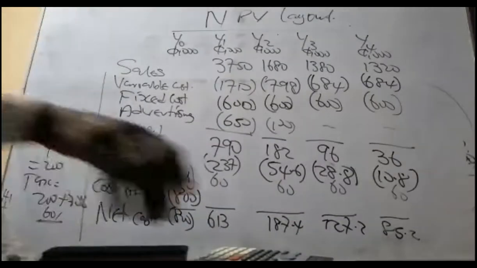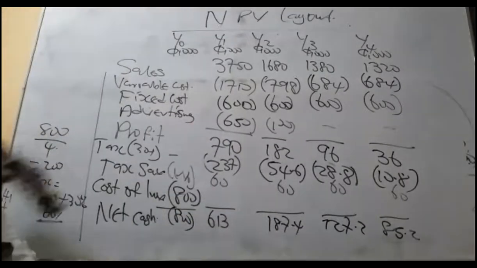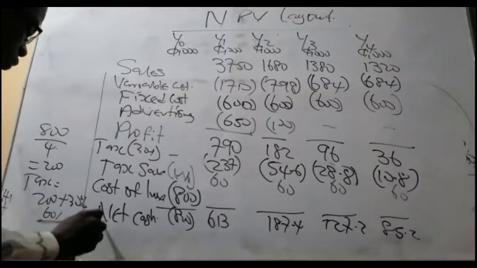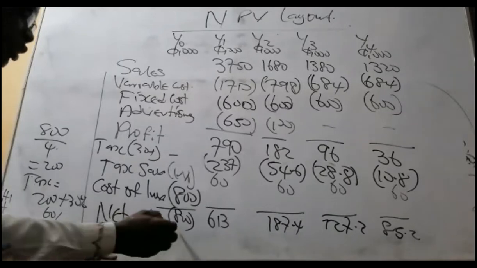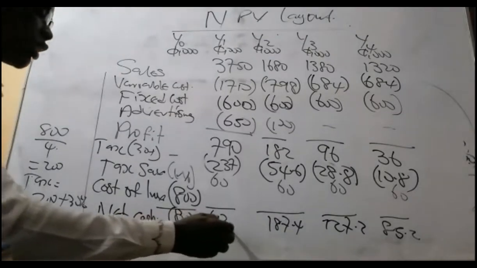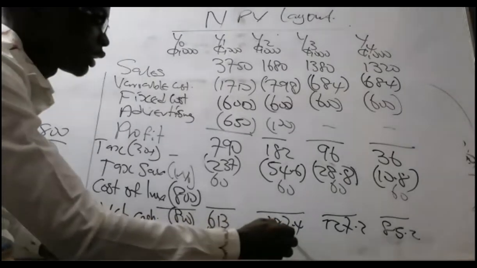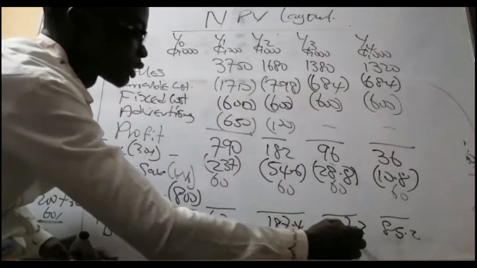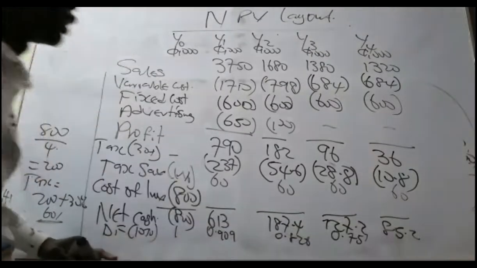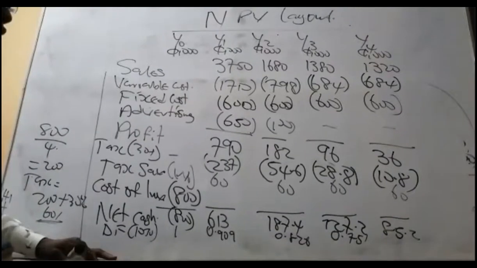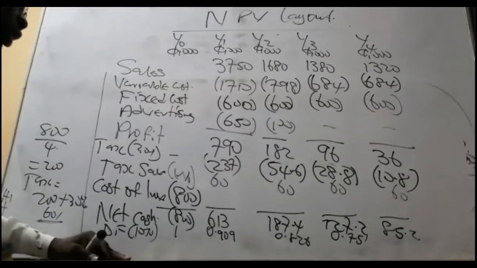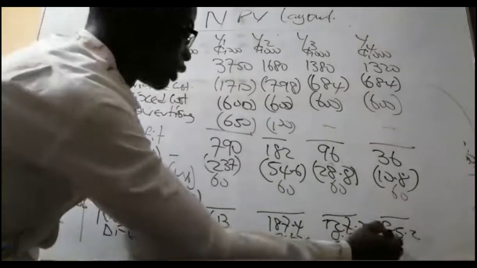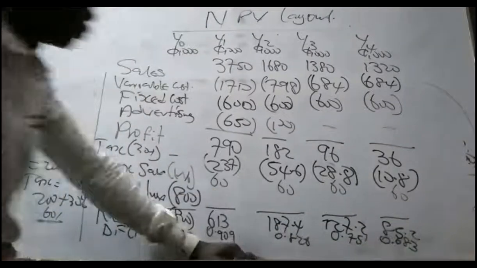Now let's see. So discount factor at 10%: 0.909, 0.826, 0.751, and then 0.683.